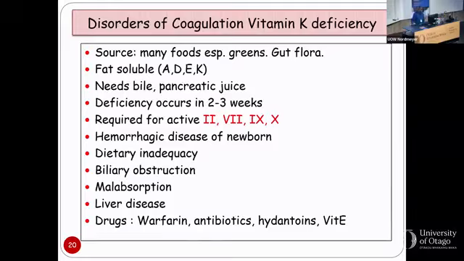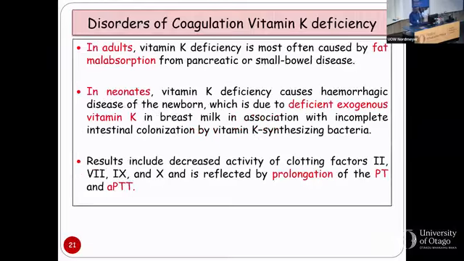So they have a number of things not counting against them. So in adults, fat malabsorption; in neonates, all of those things we've talked about. And the deficiency results in decreased activity of clotting factors 2, 7, 9, 10, and that reflects in prolonged PT and APTT.